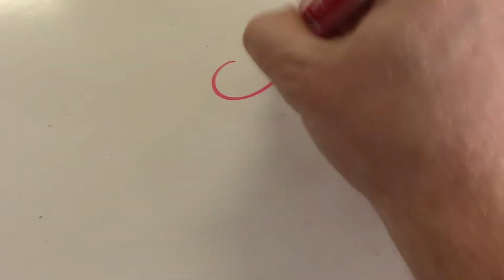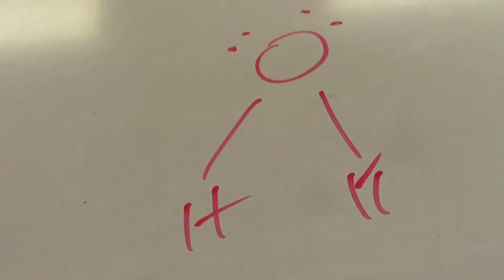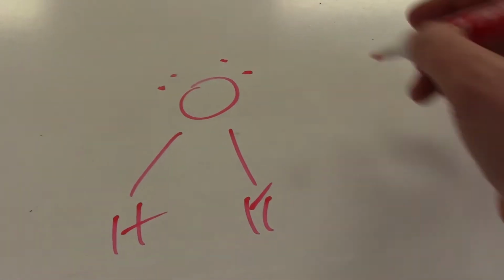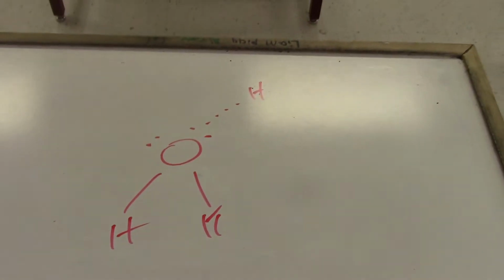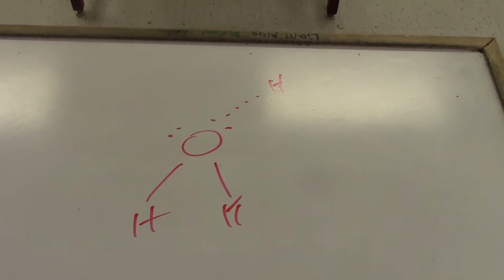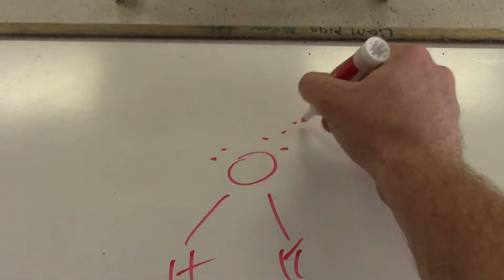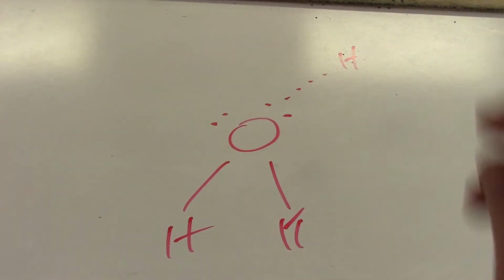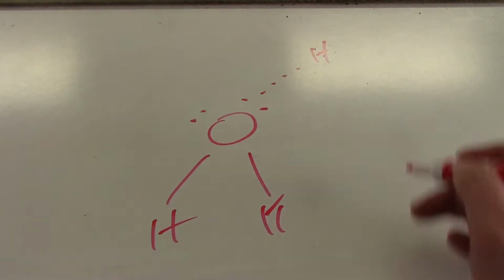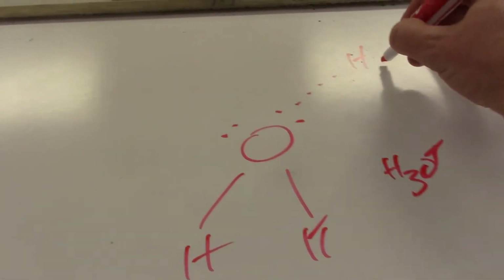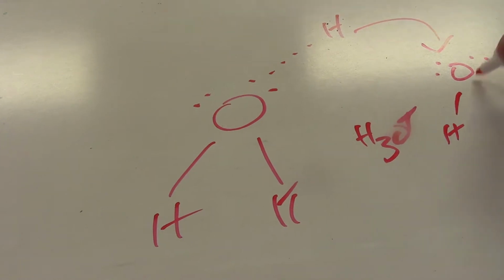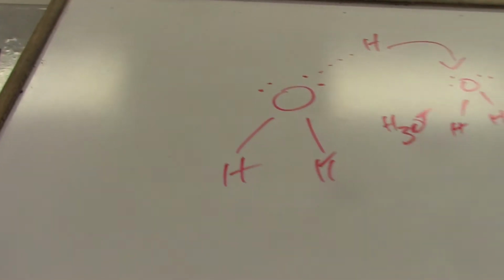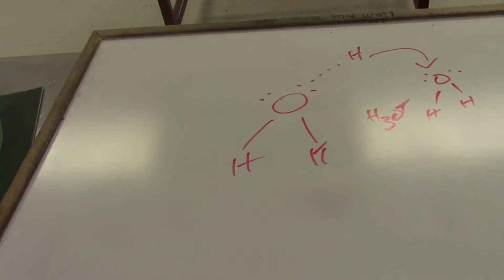I have a water molecule, and we have covalent bonds, and then the hydronium ion combines with an extra hydrogen. This isn't a true bond; it's a really close association, a hydrogen bond, and that makes the H3O+. This hydrogen can jump from water molecule to water molecule, so it doesn't stay static.